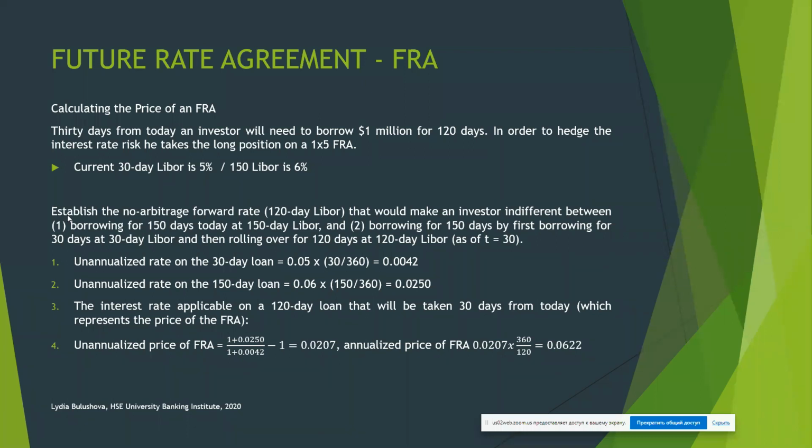So I need something that will start 1 month from now, because I need to borrow in 1 month from now. And I need this thing to end 5 months from now: 1 month waiting and 4 months just having it.